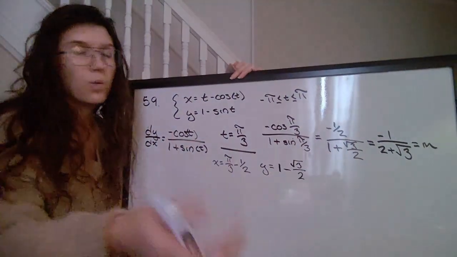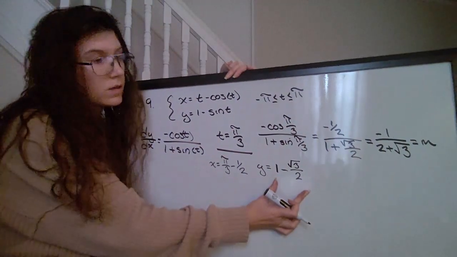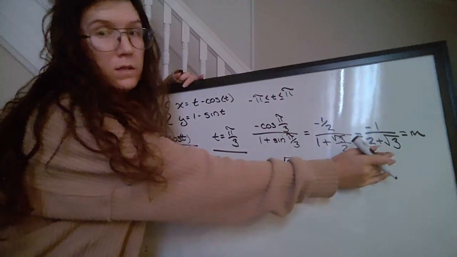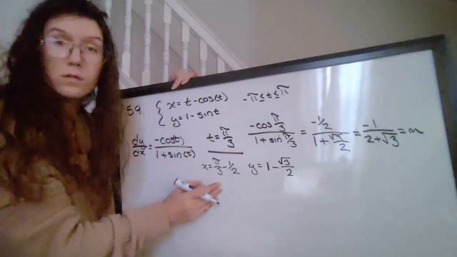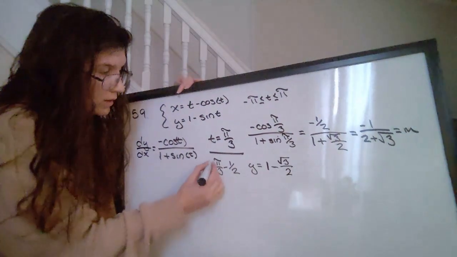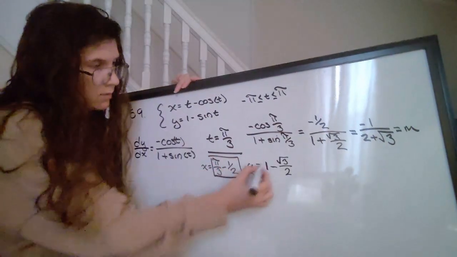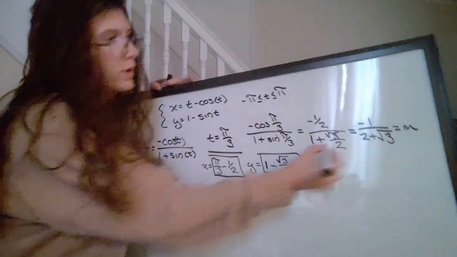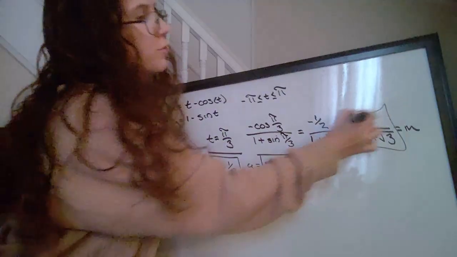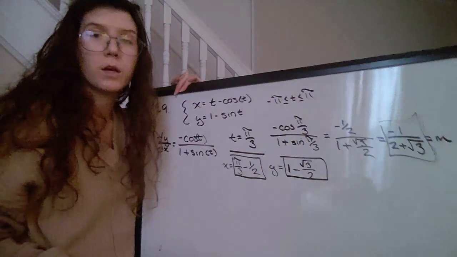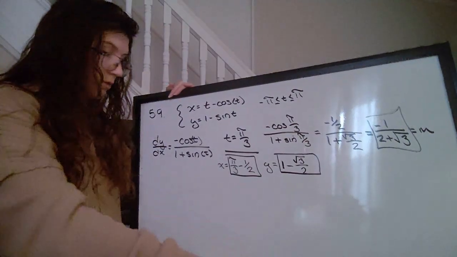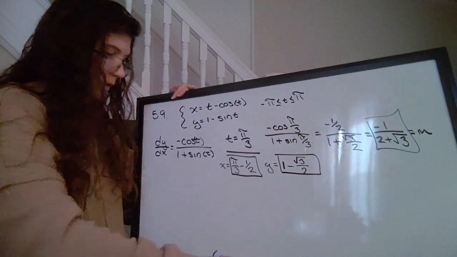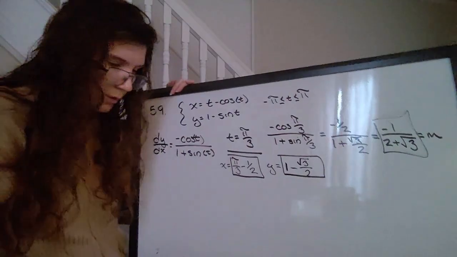You would say y minus this equals m times x minus this, and plug in your points. So this is your x point, this is your y point, this is your slope, and that is what you plug into the point slope formula. It's not a pretty one, it's not cute whatsoever, but that's all we need to do.